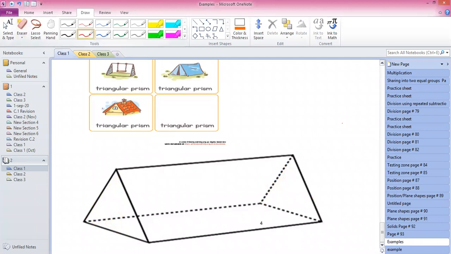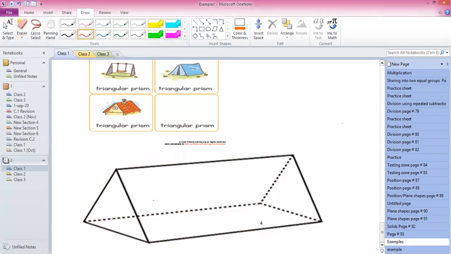If I ask you about the edges, you will check the lines by which faces meet. 1, 2, 3, 4, 5, 6, 7, 8, and this one is 9. So there are total 9 edges in a triangular prism.